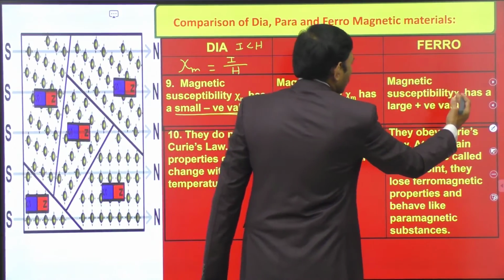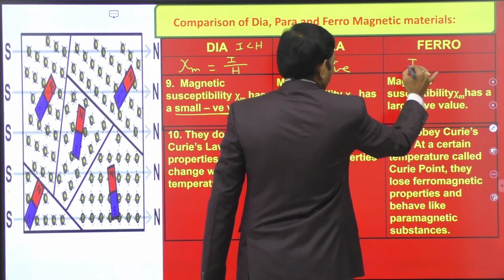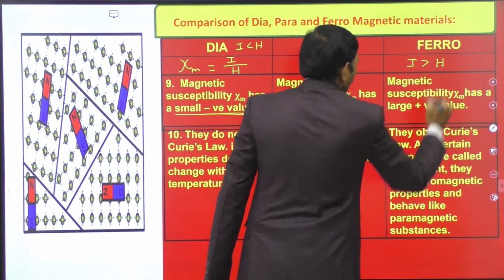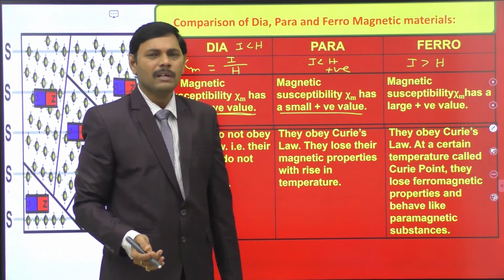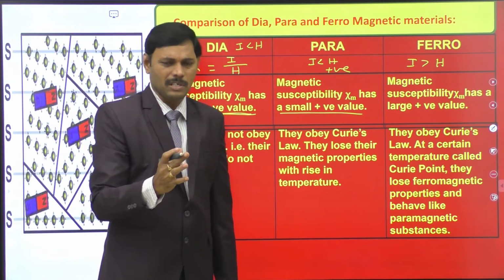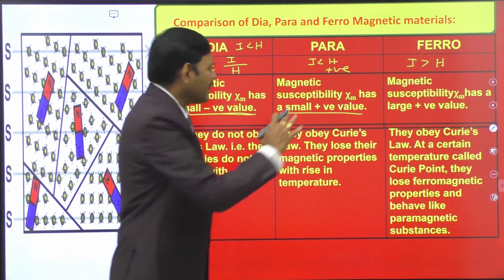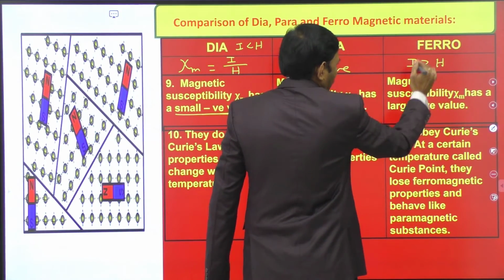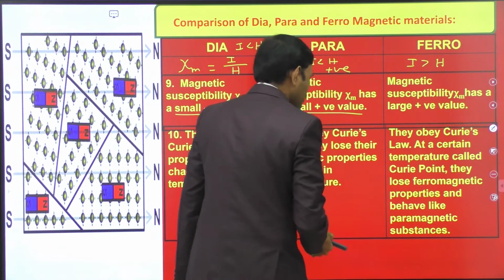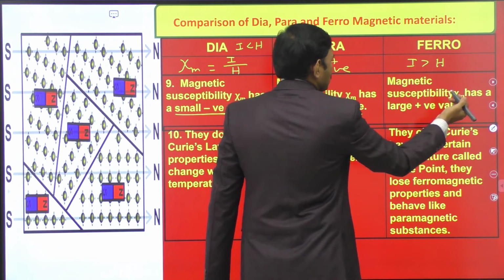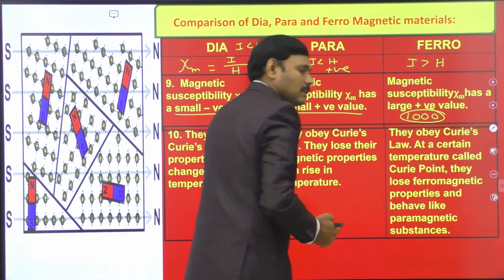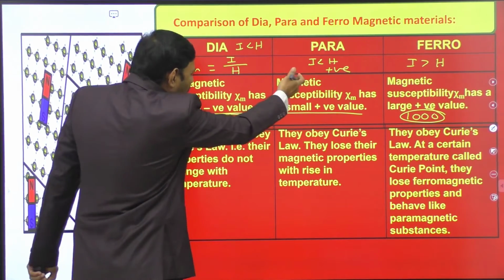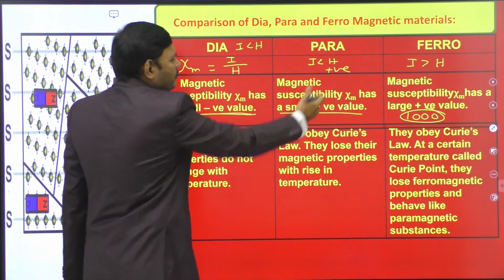Ferromagnetic magnetic susceptibility: here I is greater than H. Due to orientation of domains along the applied magnetic field, intensity of magnetization is large in value. Relatively, it is greater than H and along the H direction. Therefore, susceptibility is large. It may be in the order of 1000, whereas in the others it is just a decimal.